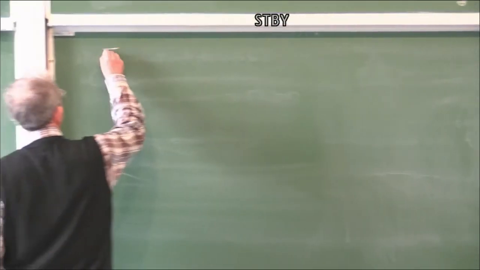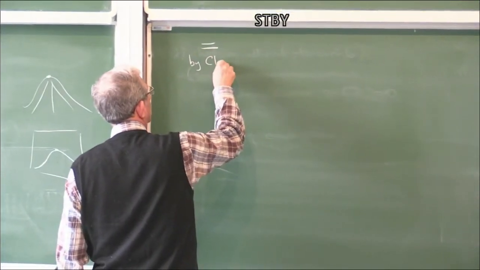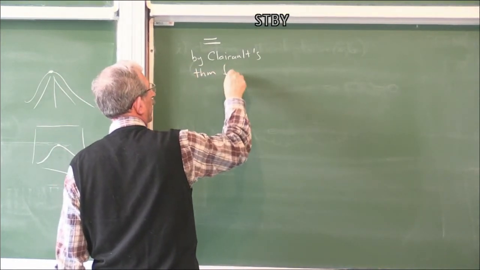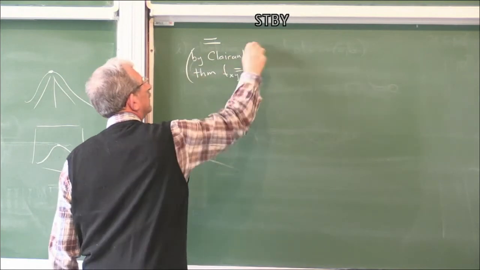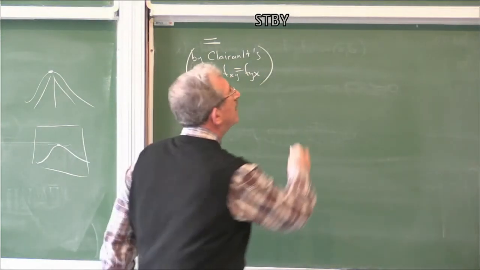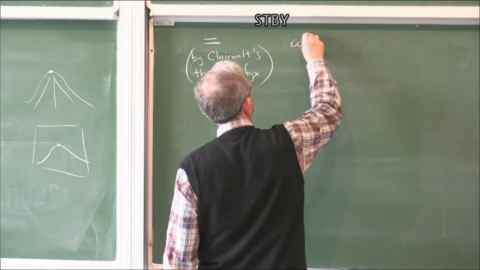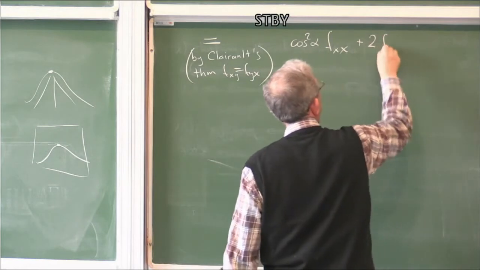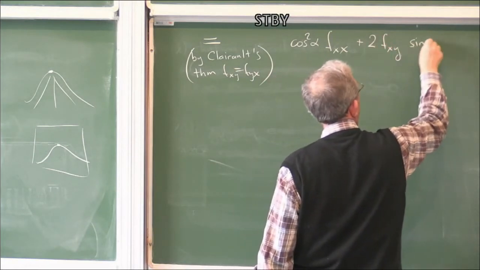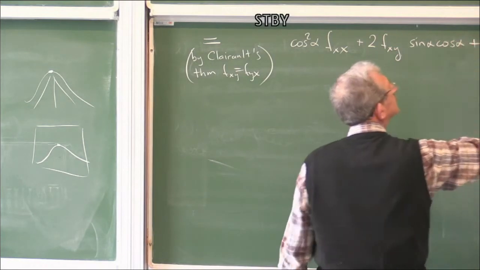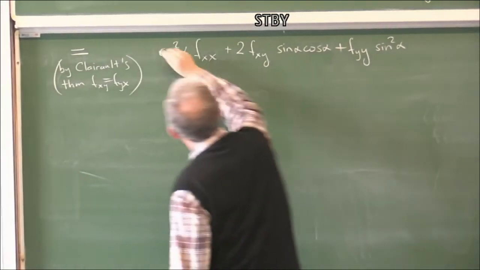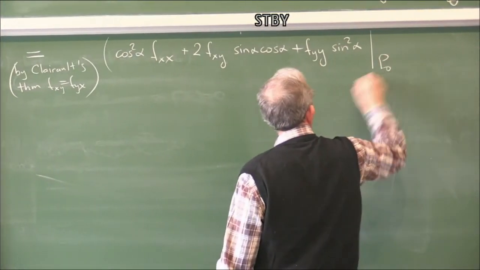Now, because of continuity of the second partials, by Clairaut's theorem, f_xy and f_yx are equal. So this simply says that I have cosine square alpha f_xx plus 2 f_xy sine alpha cosine alpha plus the last term f_yy sine square alpha, all evaluated at P0.